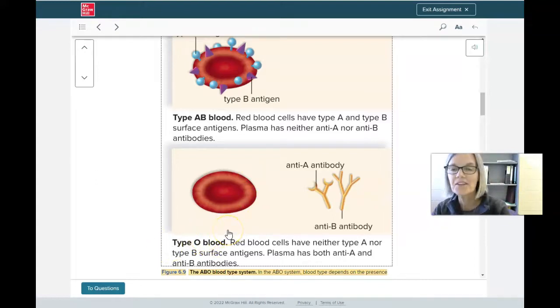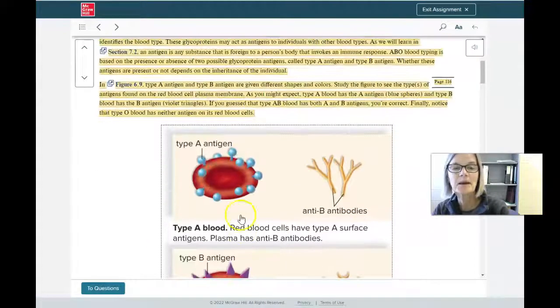The other thing that's happening, remember, if you have type A antigens on your blood, you don't want to make antibodies against that because you'd be attacking your own body. But you can make antibodies against B antigens because you don't make B antigens.